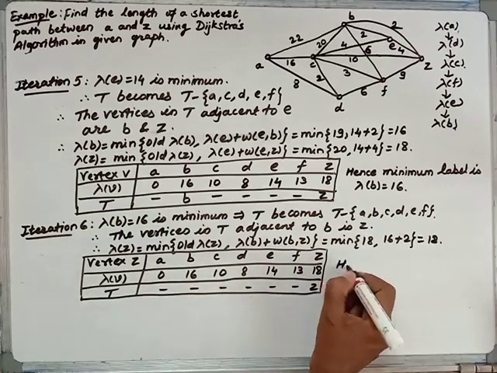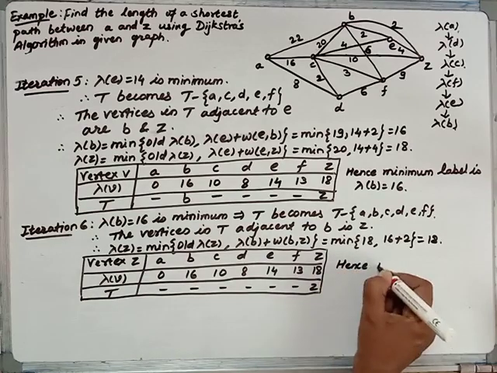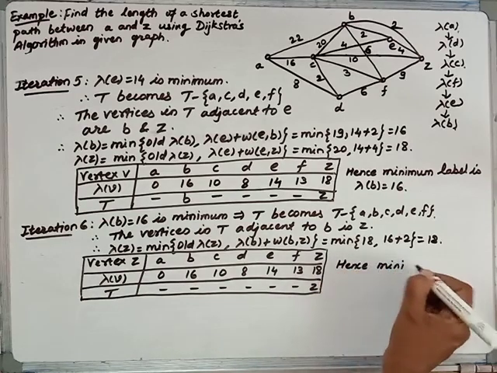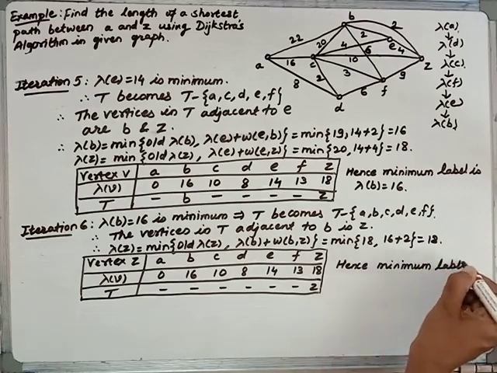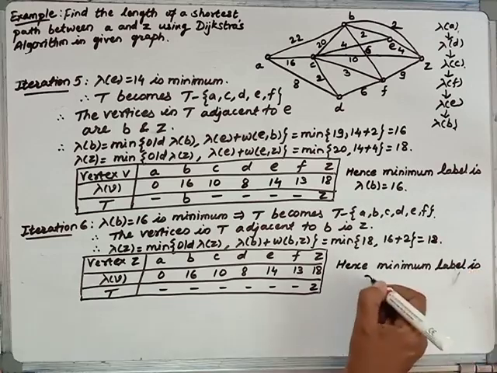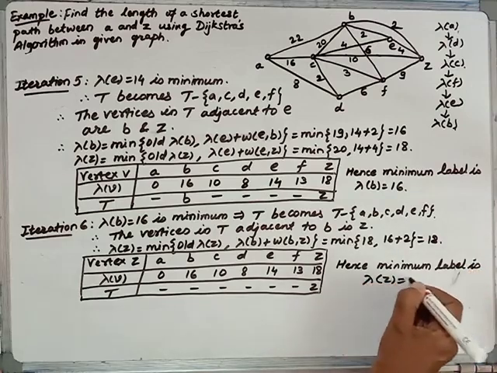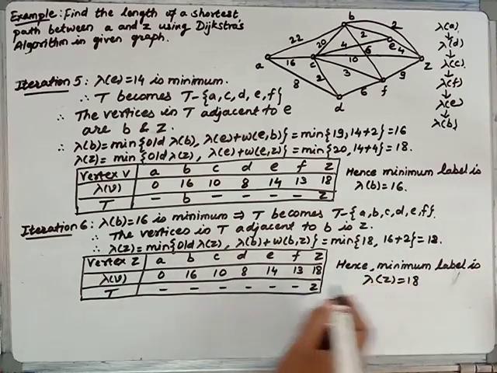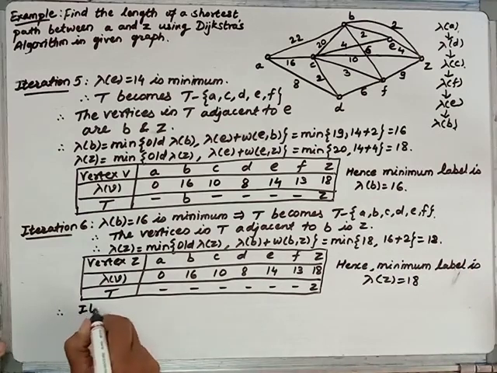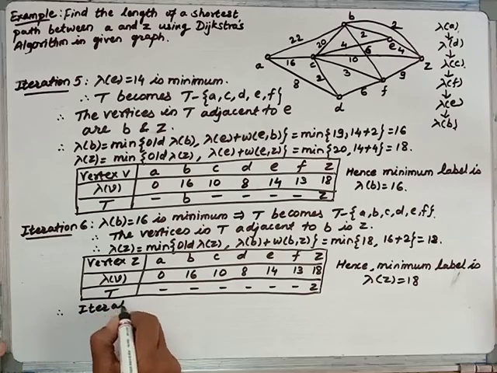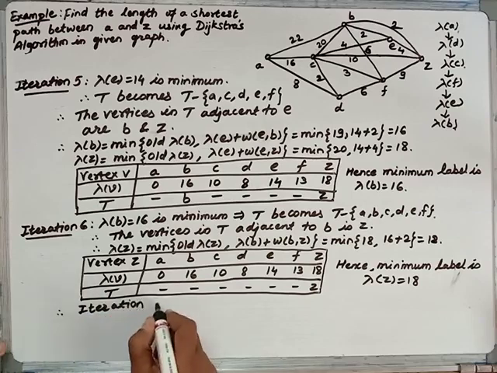Hence minimum label is lambda of Z, which is 18. So iteration stops.